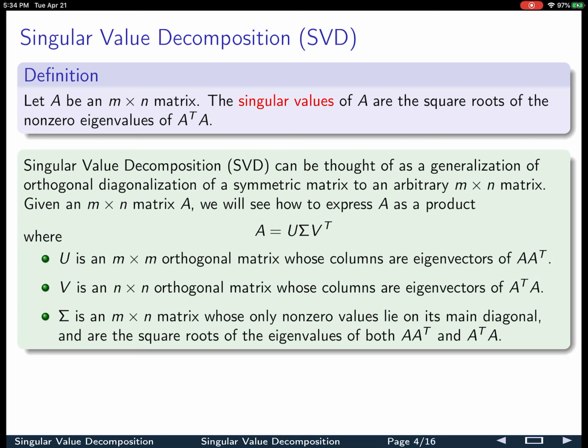And in order to come up with the matrices on either side of sigma, we're having to find eigenvectors of A A transpose or A transpose A. The nice thing about that is that both of those matrices are symmetric, and it means that their eigenvalues are going to be non-negative.